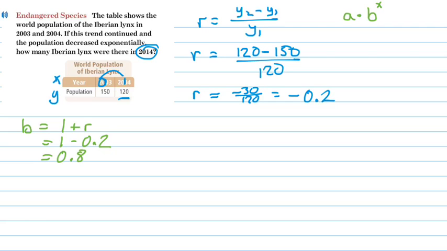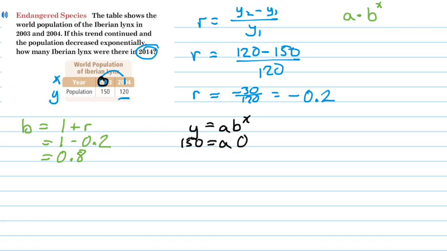Now we got to find a. And so we're going to go to the equation y equals a times b to the x, and we're going to plug in the information we know currently. Well, we know that in 2003, which was year 0, we had 150. So let's go ahead and just use that number, just because year 0 is the easiest one to start with. We don't know what a is.